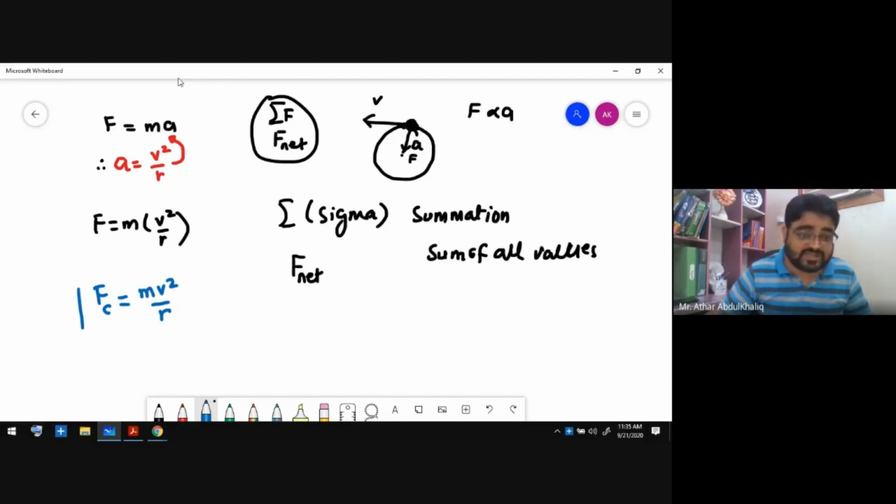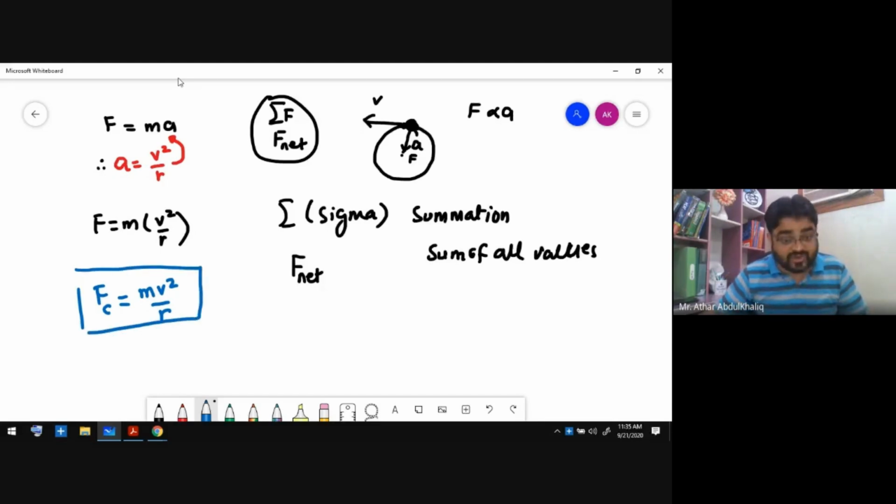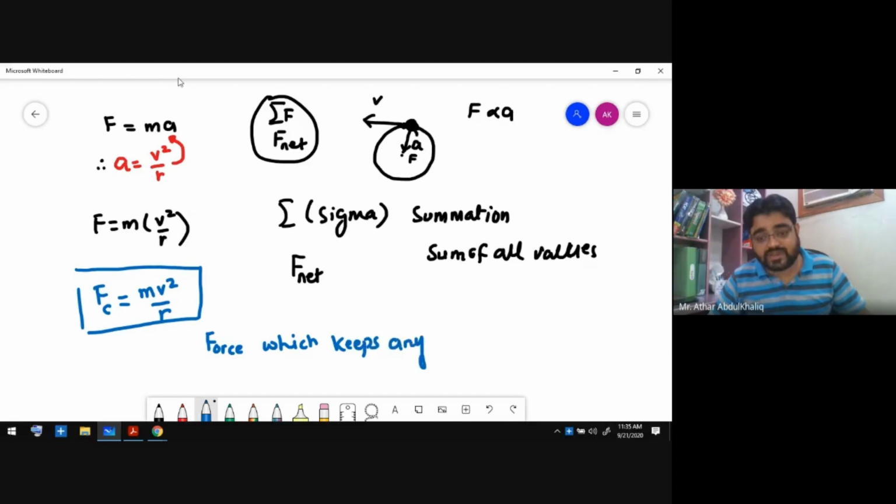What is this Fc or Fr? Fc means centripetal force. So I can define it in my own way. I can say that this is the force which keeps any object in a circular path.